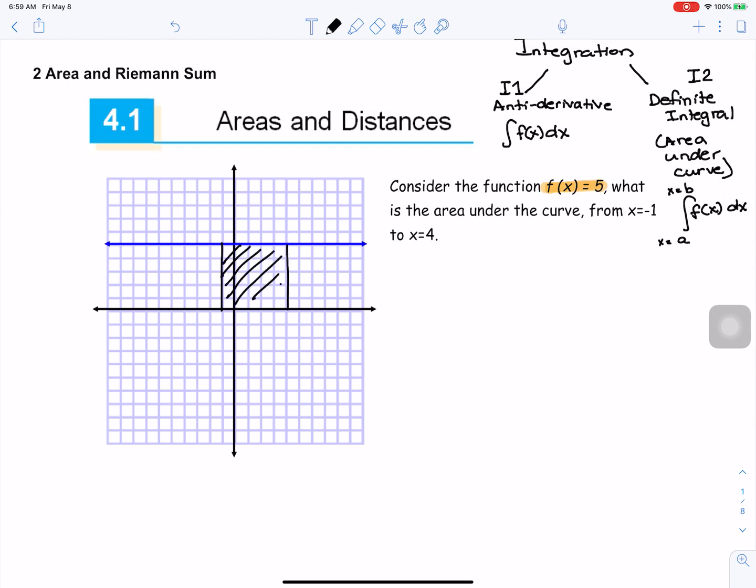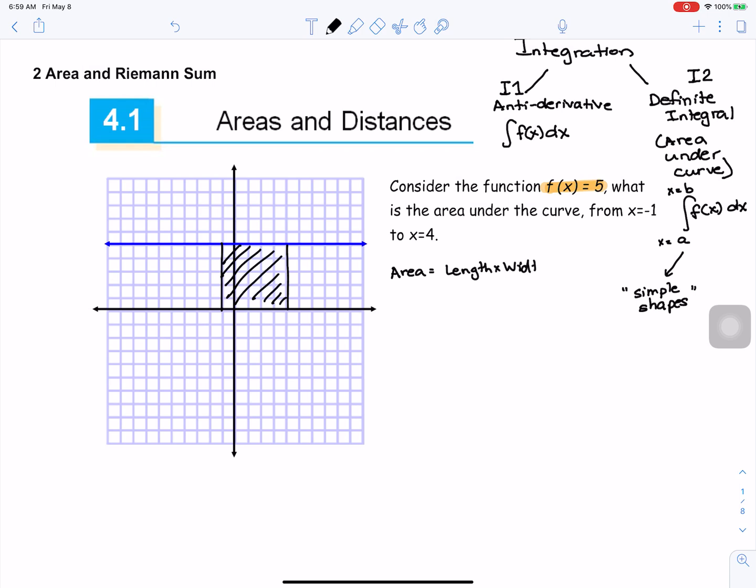Now, one idea you can see here is that I don't actually need integration to do this, because these are just simple shapes. So today we're going to focus on simple shapes. In this case I have a rectangle, so the area under the curve is equal to the length times the width.